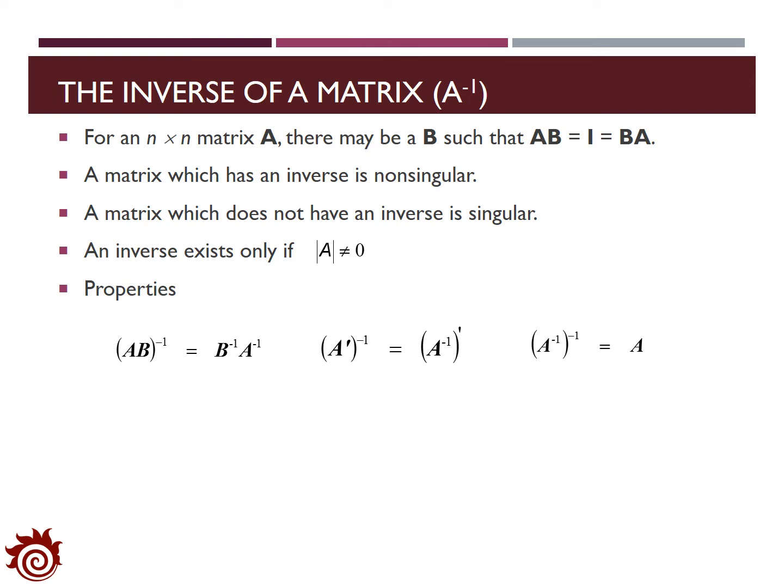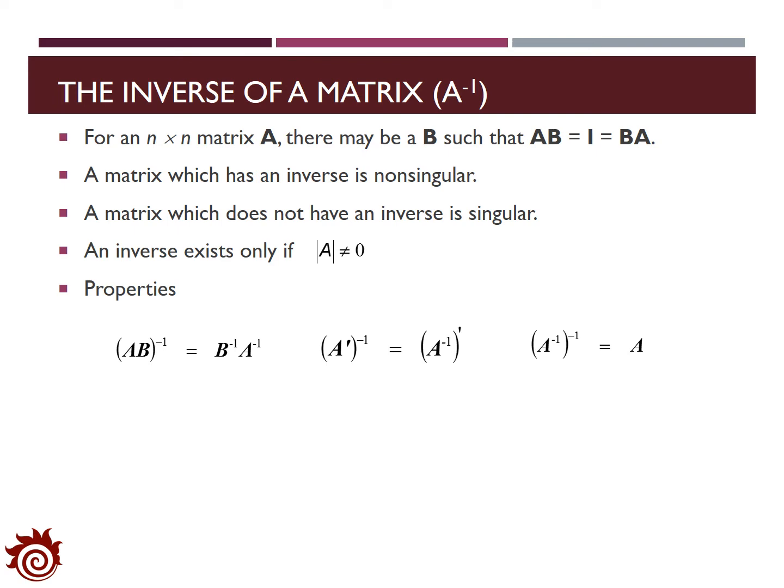So we can say that A times B equals B times A. A matrix which has an inverse is called a non-singular matrix, and a matrix which does not have an inverse is a singular matrix. Also, an inverse exists only if the determinant of the matrix is not 0.